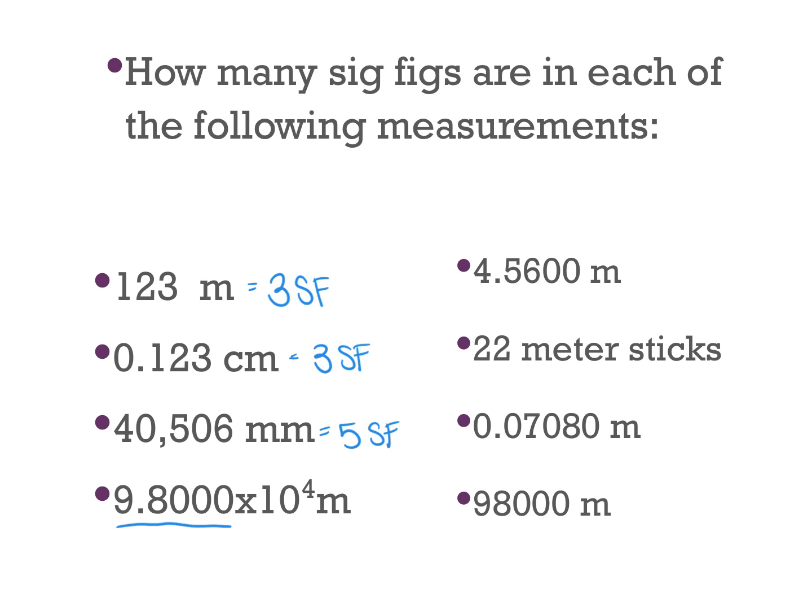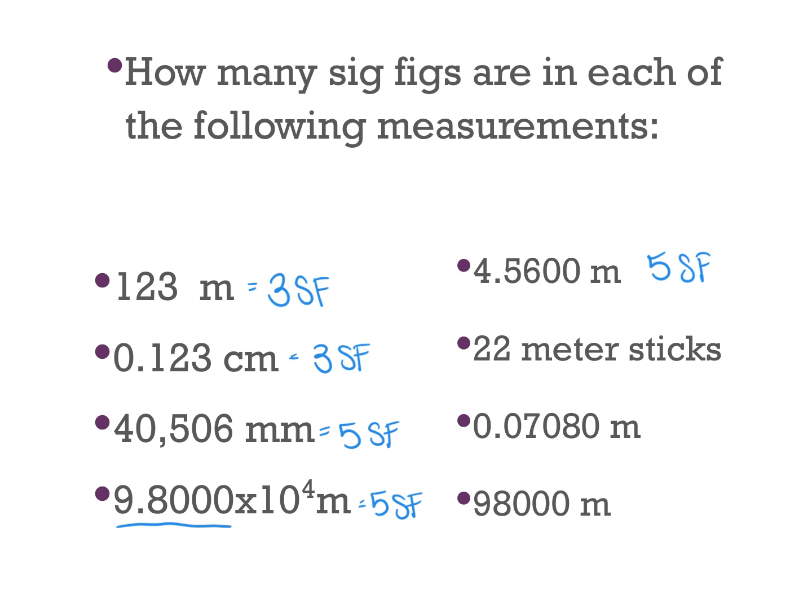If you take the time to write 9.8000 instead of just 9.8, do these have to be significant if you took the time to do that? So how many digits are here? 5. This time it's 5 significant figures. All right, how about 4.5600? Same rule. If they come after the decimal, are they significant? Yes, so we should be getting 5 for this one.